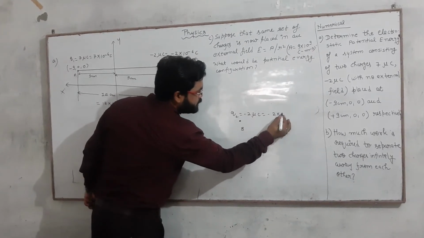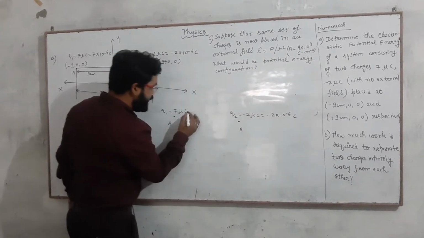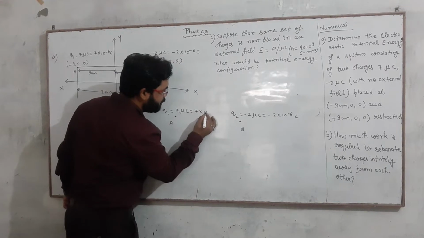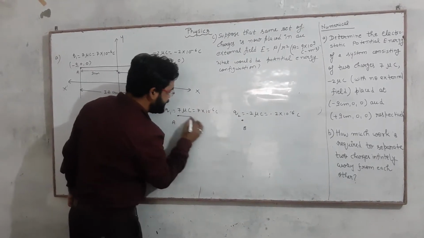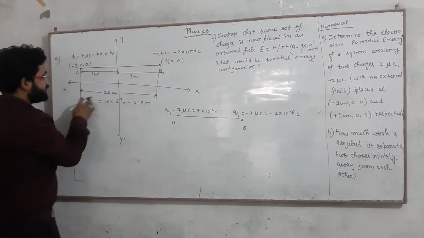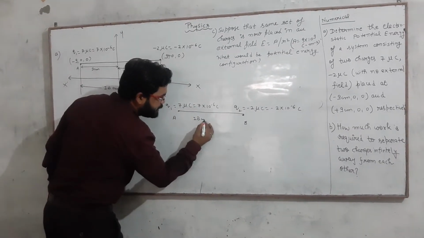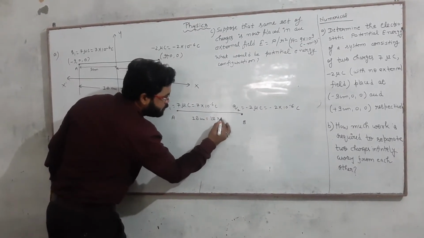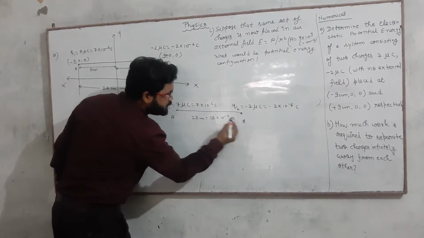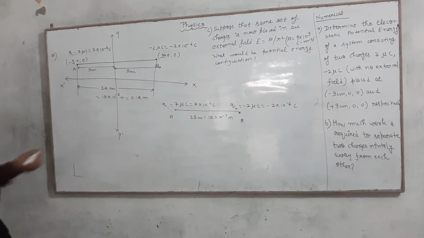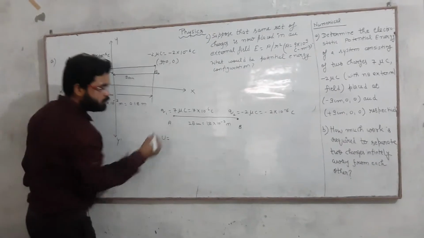It is minus 2 into 10 to the power minus 6 coulomb, and this is 7 into 10 to the power minus 6 coulomb. The distance between A and B is what? 18 centimeter, and 18 centimeter is equal to 18 into 10 to the power minus 2 meter. Fine. So now we will go through the formula.